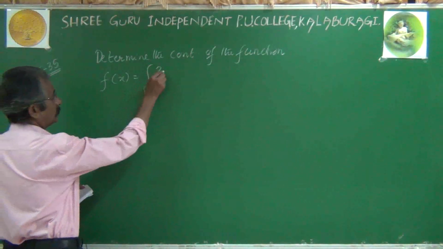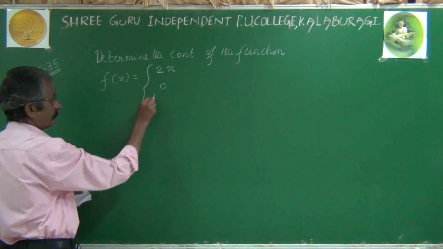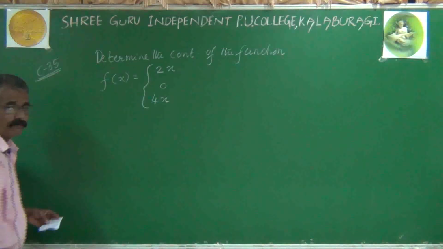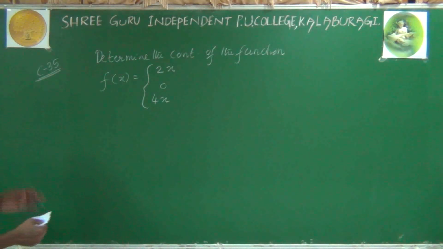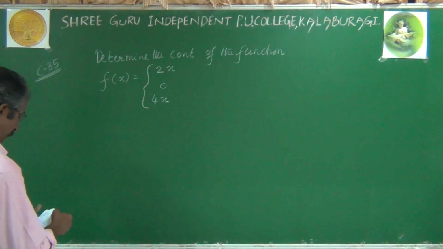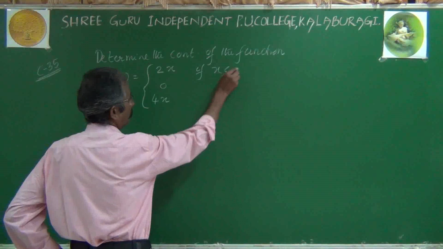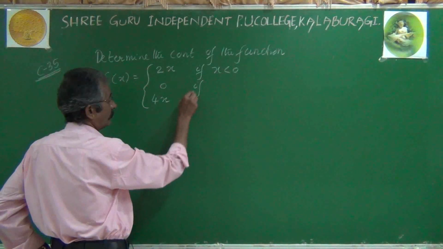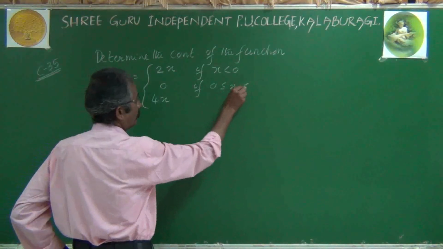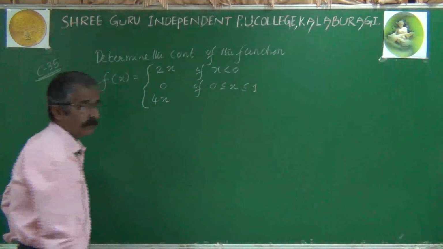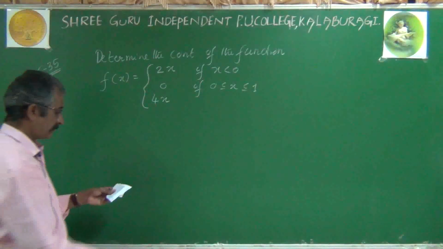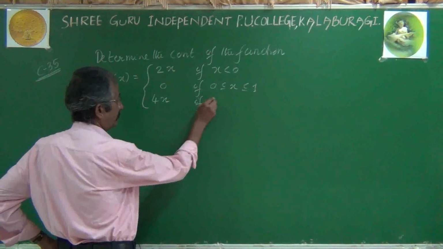First one 2x, second one 0, third one 4x. 2x if x less than 0, 0 if 0 less than or equal to x less than or equal to 1, and 4x if x greater than 1.